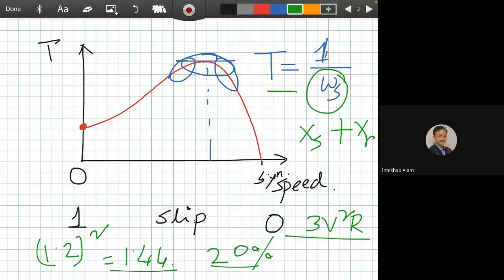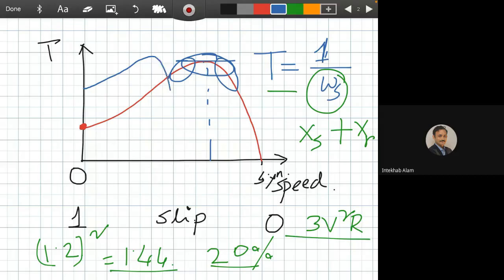So in our supply, we have a fixed voltage and a fixed frequency. So we cannot control the inverter. Sorry, we cannot control the induction motor. So if we want to increase the torque of the induction motor, we have to reduce the input frequency.